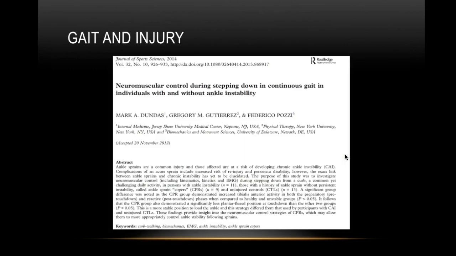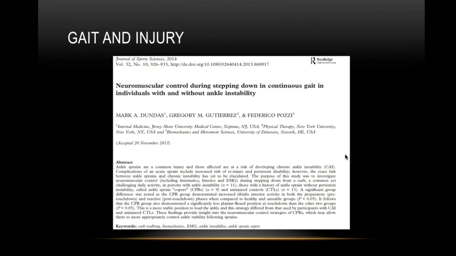Here's an article that I found on neuromuscular control and walking and stepping in patients that were previously injured as compared to patients that were not injured, as far as ankle injuries.